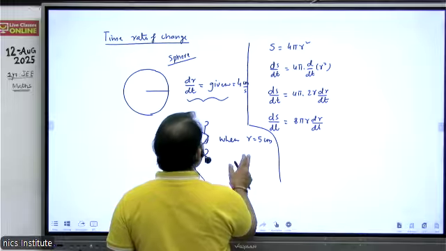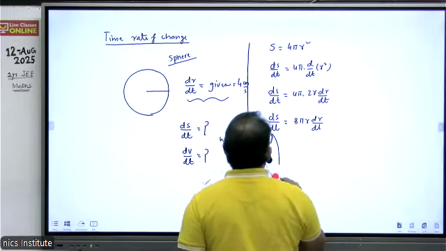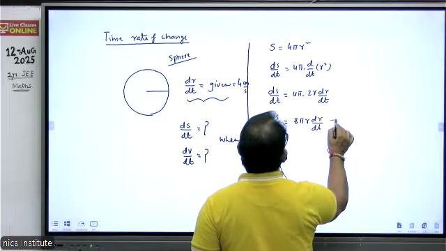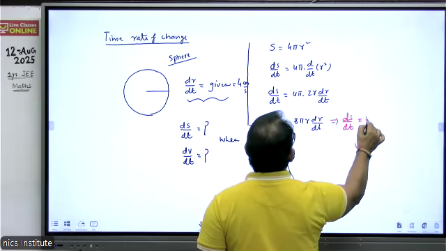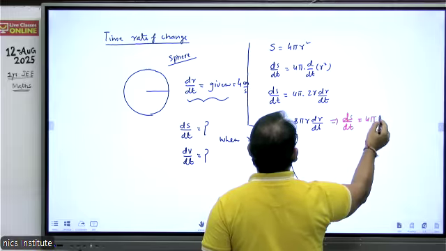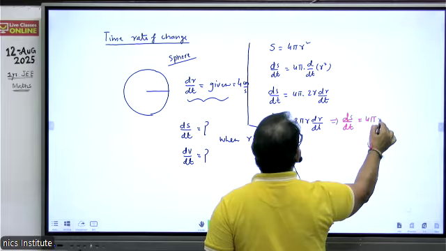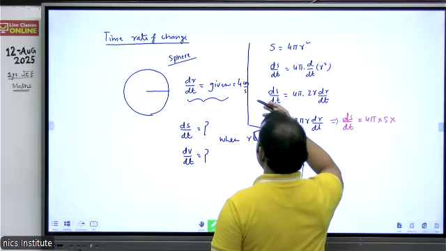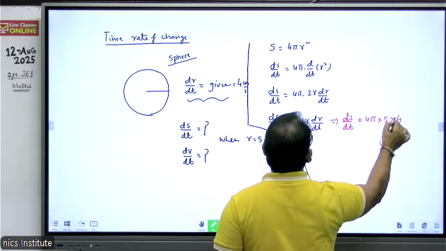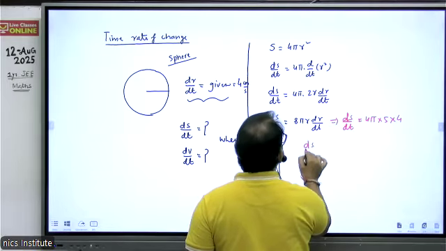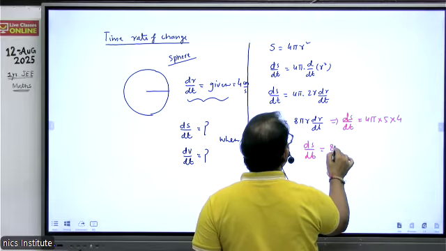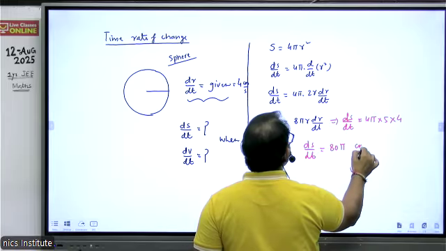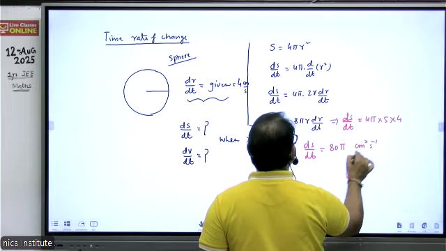So you can substitute the value. So dS by dt will be 4 pi, r has been given as 5 centimeter, dr by dt is given as 4 centimeter per second. So dS by dt will be 20 into 4, 80 pi centimeter square per second.